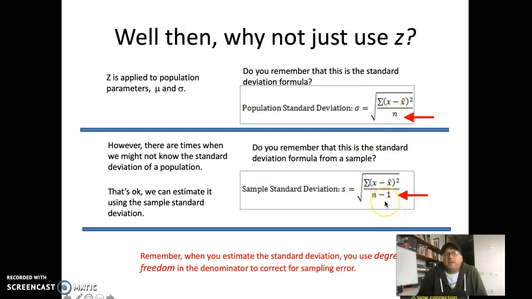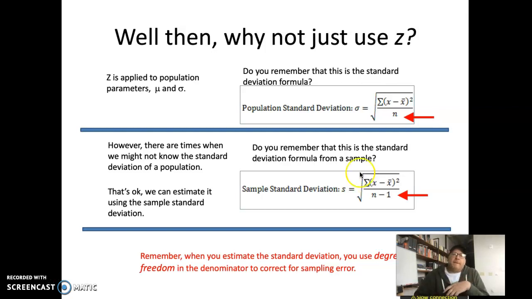And that's because when you're estimating a standard deviation using the sample, you're at risk for underestimating the actual standard deviation of the population. So what that formula does, that n minus 1 makes that number smaller, which increases ever so slightly the size of your estimate, and that corrects for the error.